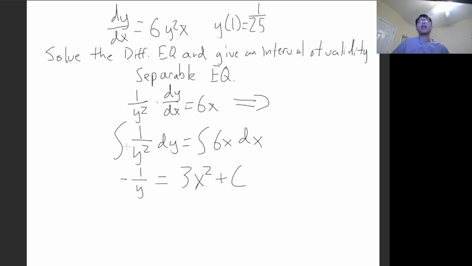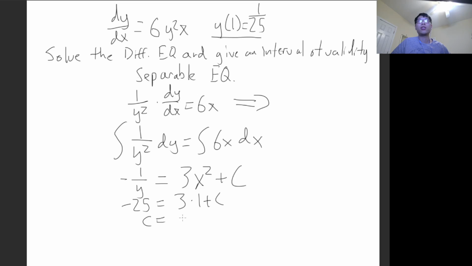Okay, so now that we have the general solution, we want to find the specific solution using the initial value. So plugging in our initial value, we get negative 25 equals 3 times 1 plus c.